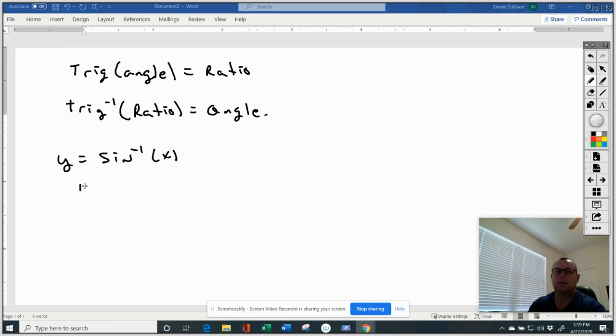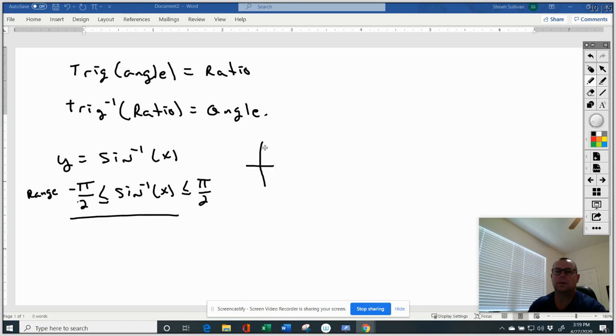And that range restriction is negative pi over 2 is less than or equal to sine inverse of x is less than or equal to pi over 2. And so this means that our sine inverse is really restricted for the range there.